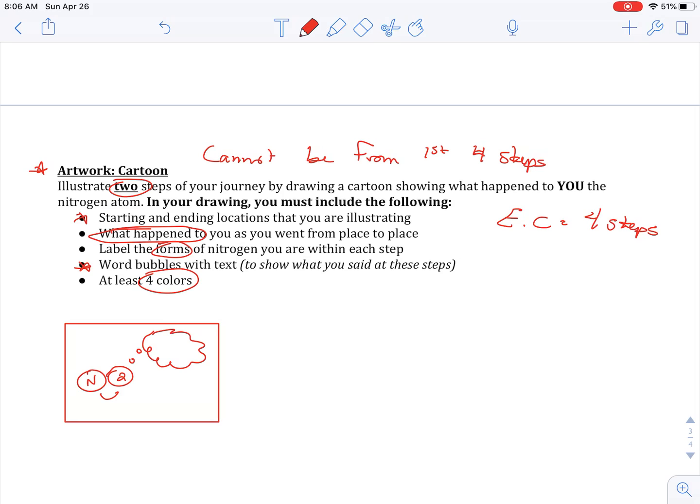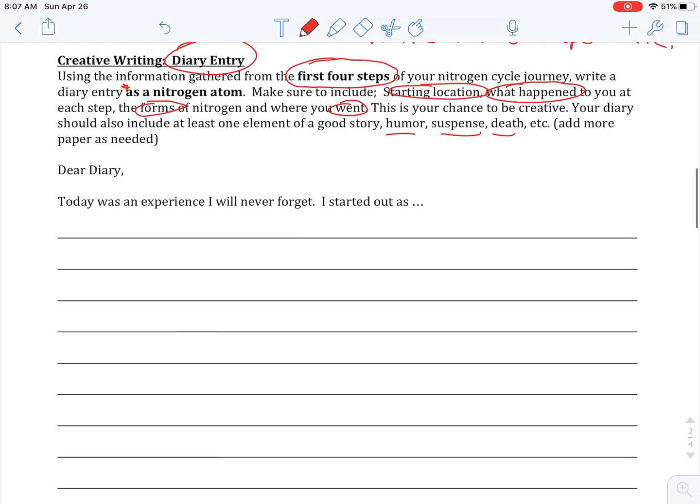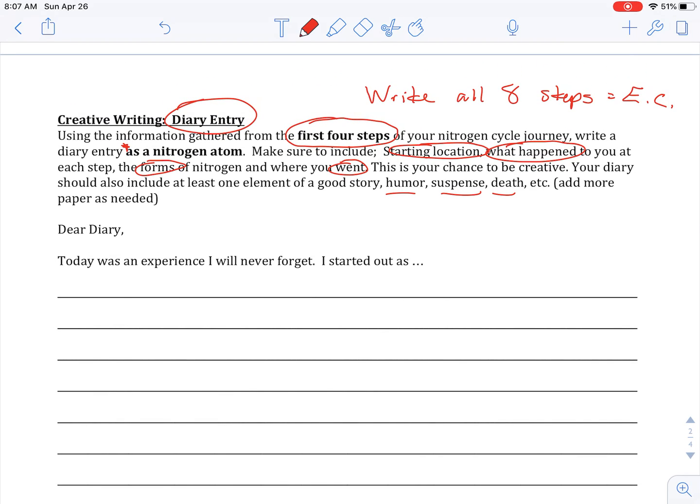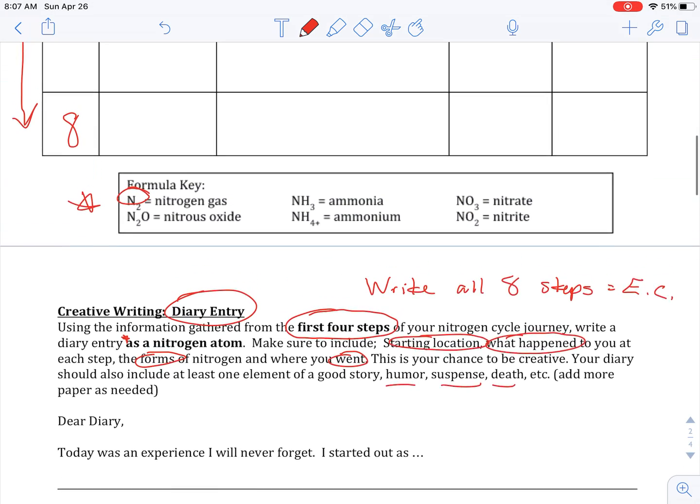It's just doubling for the extra credit, one or the other. For the extra credit, you don't have to do 4 steps of the cartoon and 8 steps of the creative writing. You get to choose which one for the extra credit. You don't get to choose when it comes to just doing the assignment.